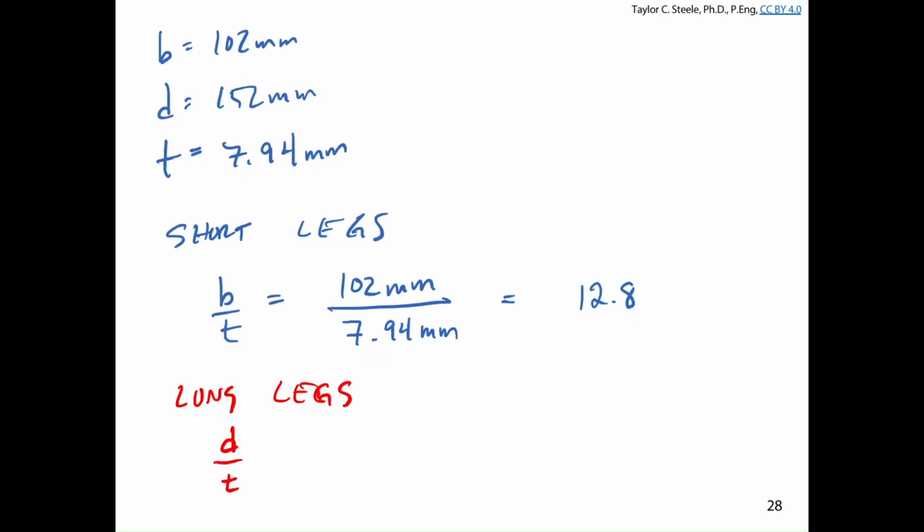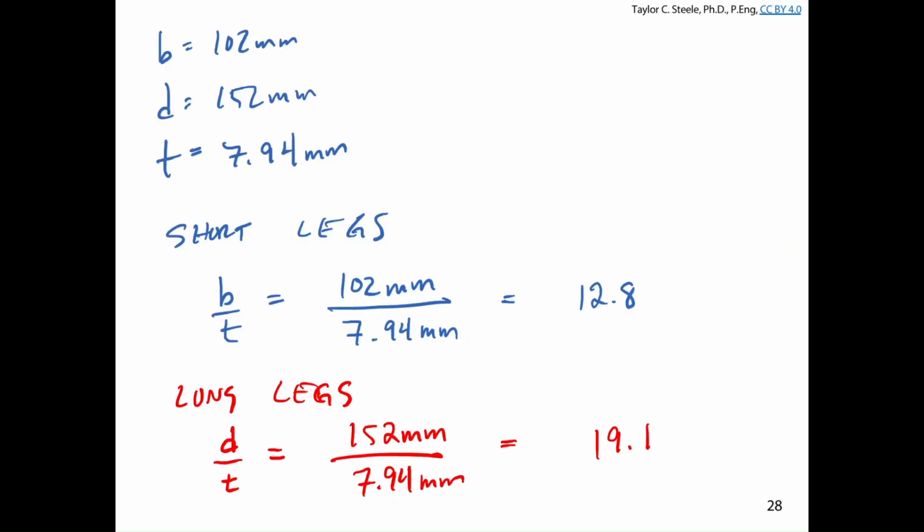So the width to thickness ratio for the long legs is D over T. That's 152 millimeters divided by 7.94 millimeters, and when we do that calculation, we get 19.1. As expected, for the longer legs the width to thickness ratio is higher than the shorter legs because the nominal dimension is bigger.